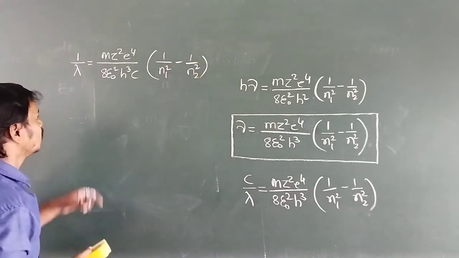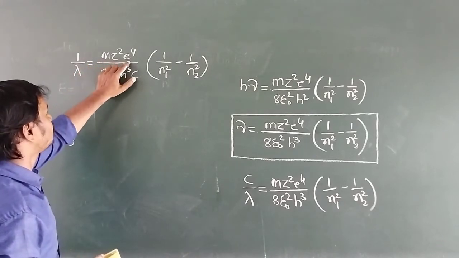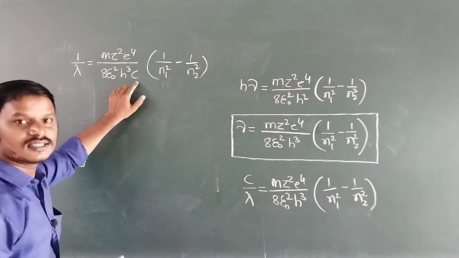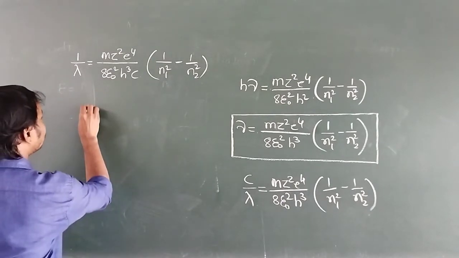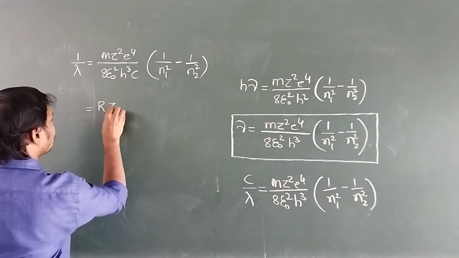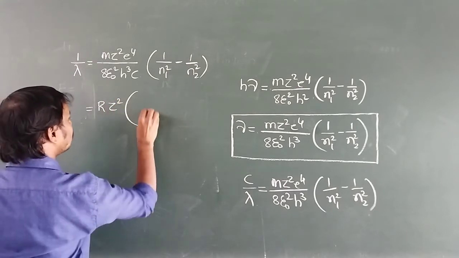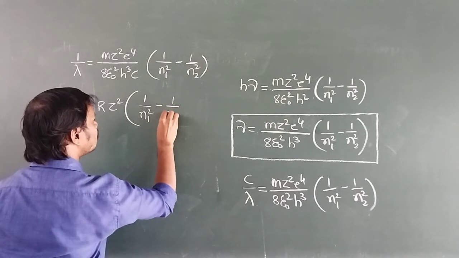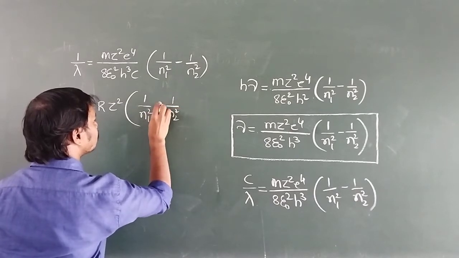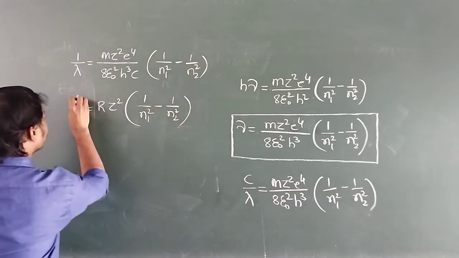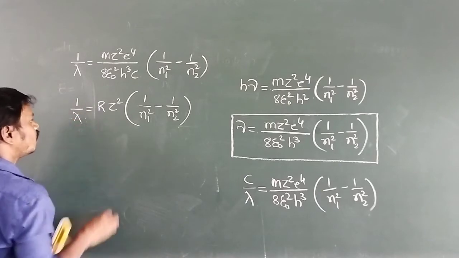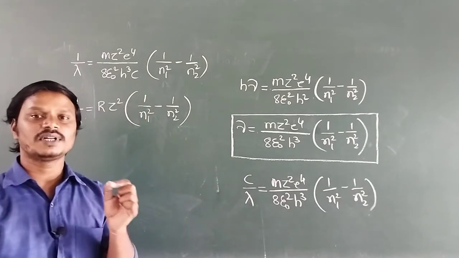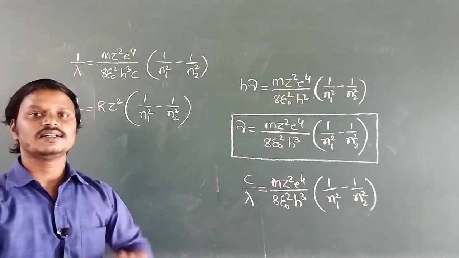Now here m into e to the power of 4 divided by 8 epsilon naught square h cube into c is Rydberg constant, that can be written as R into z square, then 1 by n1 square minus 1 by n2 square. Then what is z? Z is nothing but the atomic number of hydrogen atom or hydrogen like atoms.